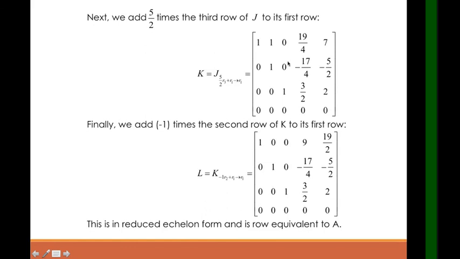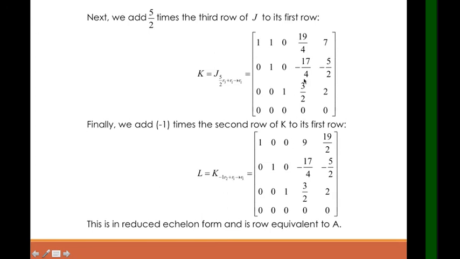Now, after that, finally we add negative 1 times the second row of K to its first row. So, we multiply the second row by negative 1 to make this entry 0. Negative 1 times 1 is negative 1 plus 1 is 0. Negative 1 times 0 is 0 plus 0, 0.